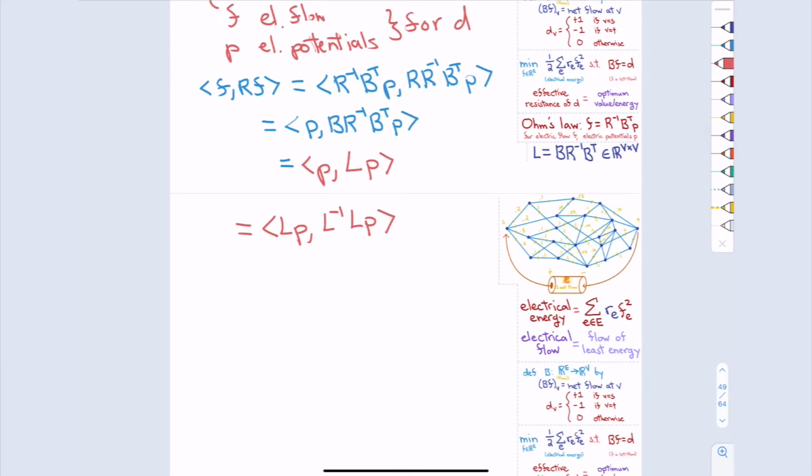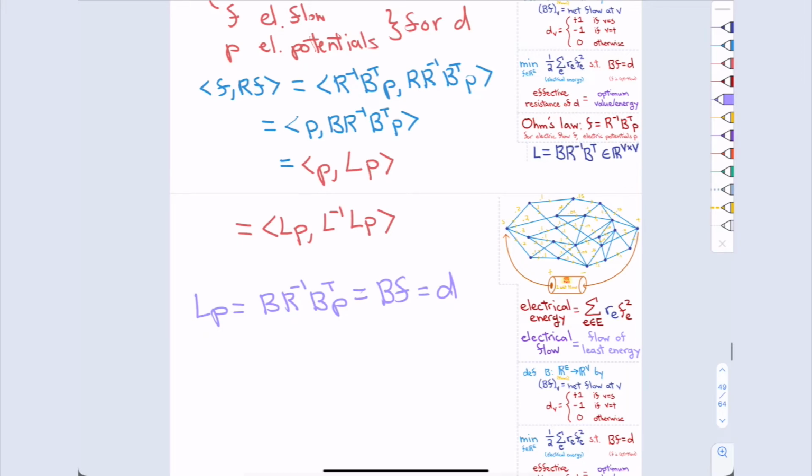All right, and now, lastly, if we look at LP and expand things out, okay, something like this, then out comes BF, and out comes D. Okay, so somehow there's all these equalities going on because BF is equal to D and F is equal to B, R minus 1 B transpose P. You have all these equalities, and somehow it's like a knife cutting through butter.